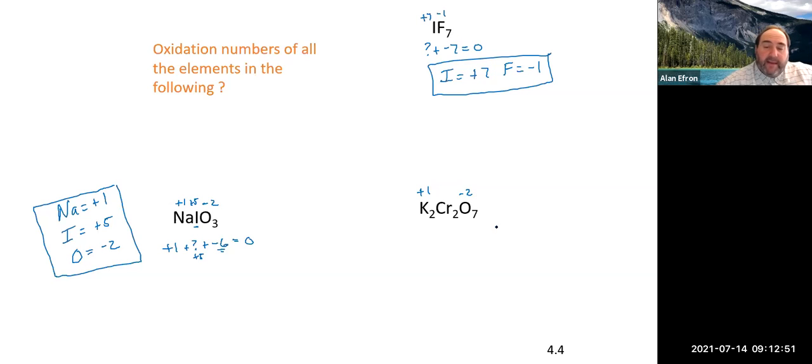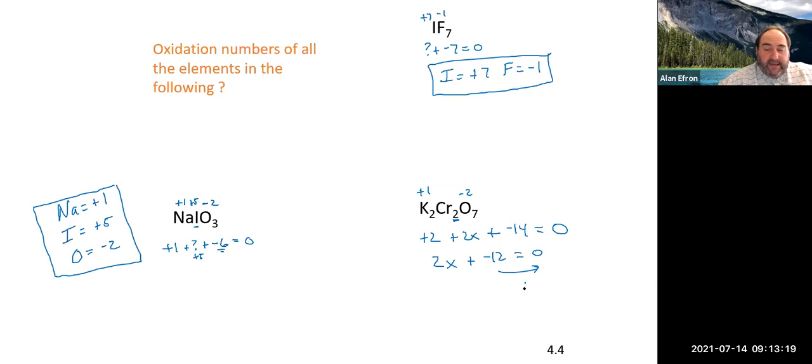If we do our math here, +1, and there's 2 of them, gives us +2, plus 2x because there's 2 chromiums, plus -2 times 7 is -14, and all that needs to equal 0. It's a lot of math. If we clean it up, we basically have 2x plus -12 is equal to 0.